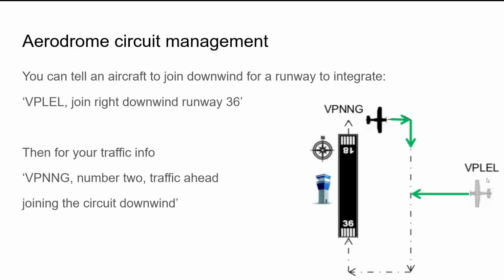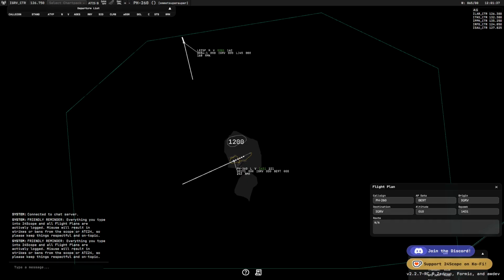Now, because this guy is not the final traffic, you need to make sure you tell this guy that there is a guy joining ahead. So, "Victor Papa November November Golf, number 2, traffic ahead, joining the circuit downwind." You have to pass their position, and you need to tell him that he is now number 2, not number 1, because he was number 1.